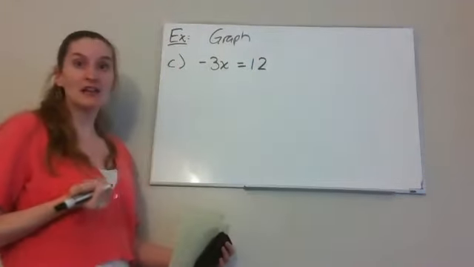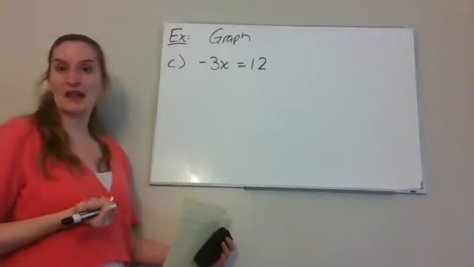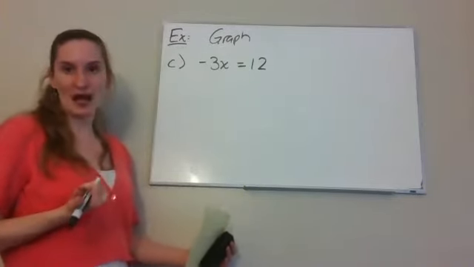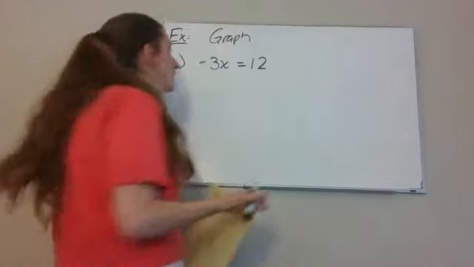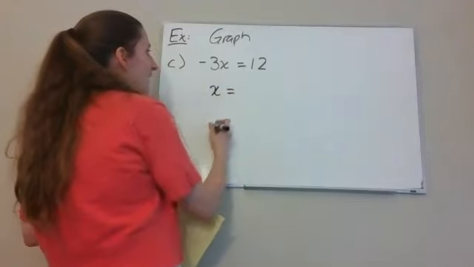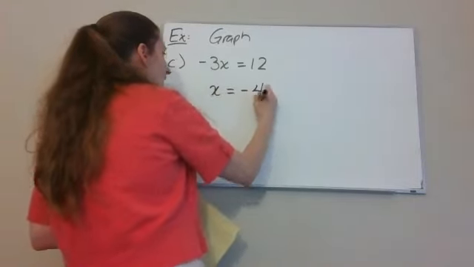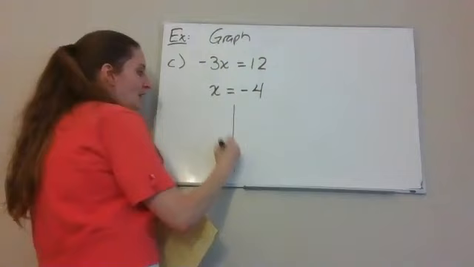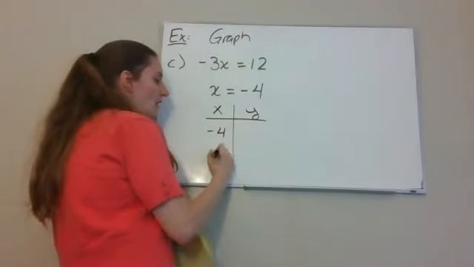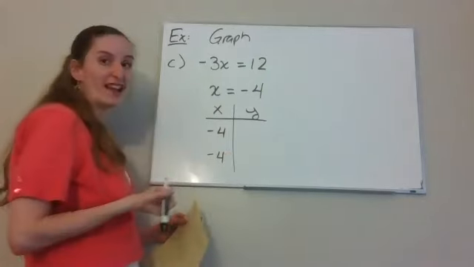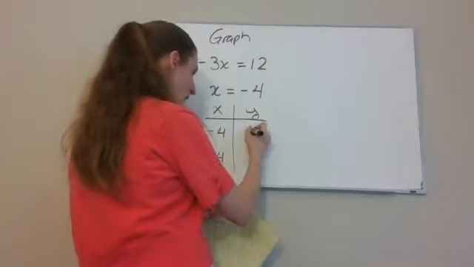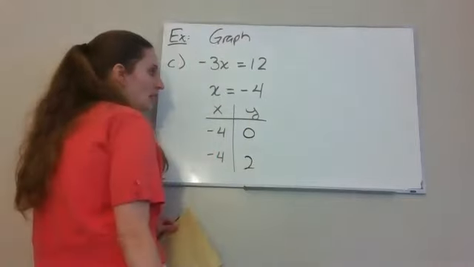This, again, is in standard form. It's just that my b for ax plus by equals c happens to be 0 this time. So if I solve this for x, I see that x is actually equal to negative 4. And that means if I were making a table of points, x is always negative 4, and y can be anything that I want. So let me just pick a couple values. I'll do 0 and 2 again.